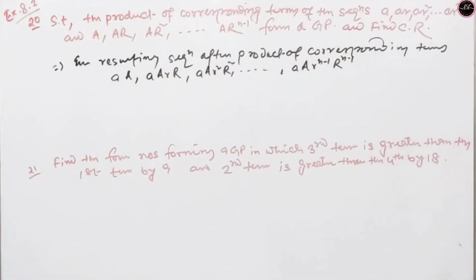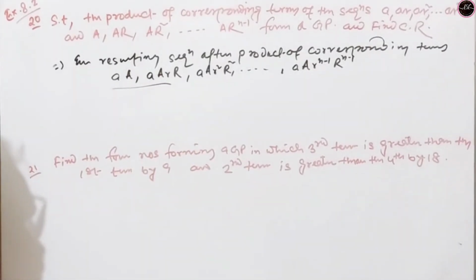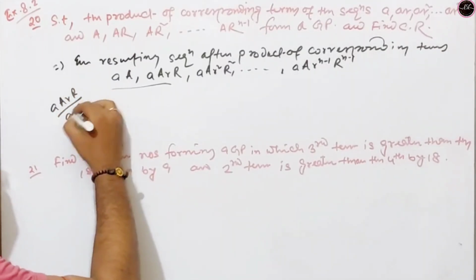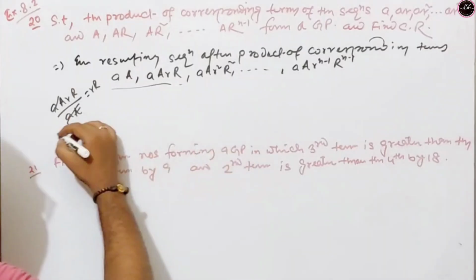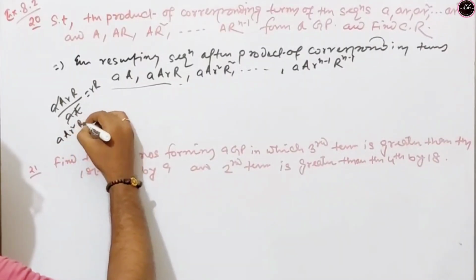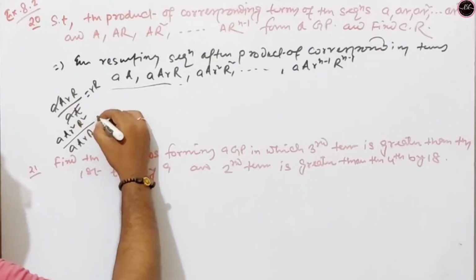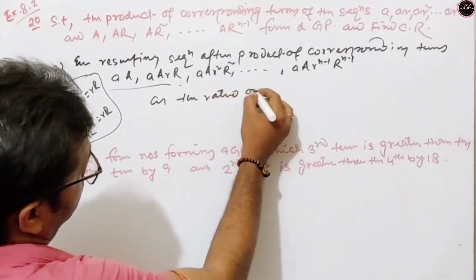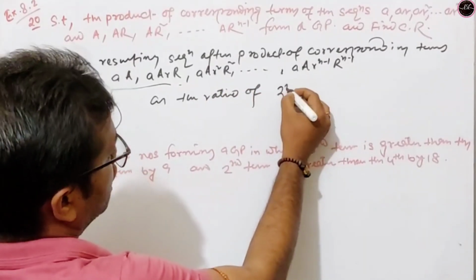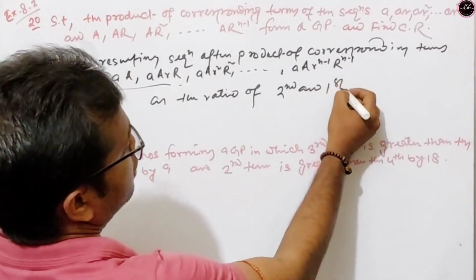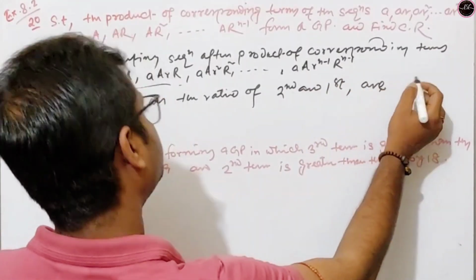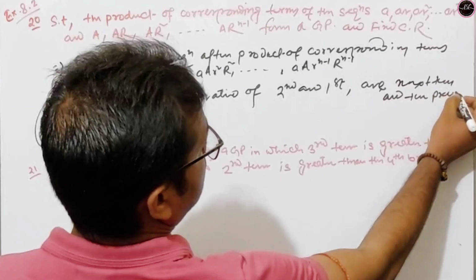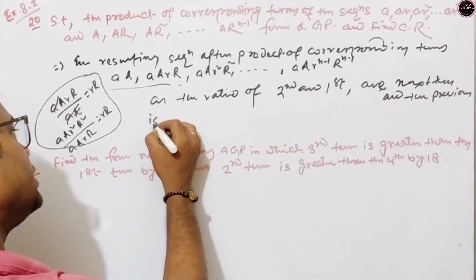Okay, then look here, if we take these two terms, if we divide a capital A r capital R by a capital A, we get r capital R. If we take these two, a capital A r square capital R square divided by a capital A r capital R, they are also r capital R. So the ratio of the second and first, or the next term and the previous, is the same.